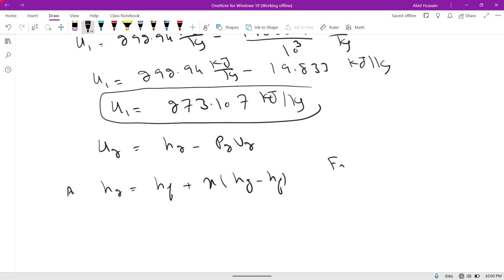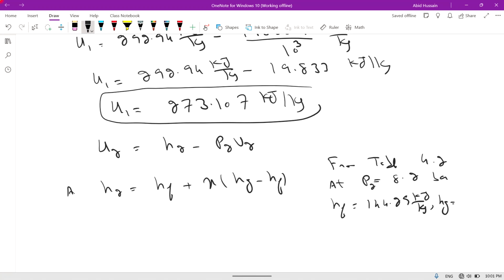So from table 4.2, hf at pressure p2 equal to 8.2 bar is 144.29 kilojoule per kg and hg is equal to 313.05 kilojoule per kg.